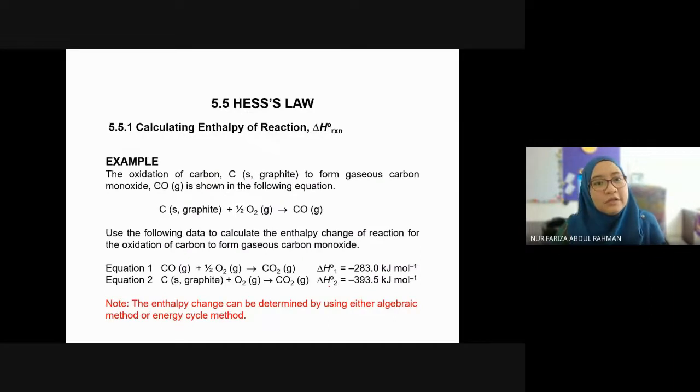Look at the example that we have here. The oxidation of carbon solid graphite to form gaseous carbon monoxide is shown in the following equation. We want to determine this target. How? We want to produce CO. The easiest way is to perform this reaction directly.